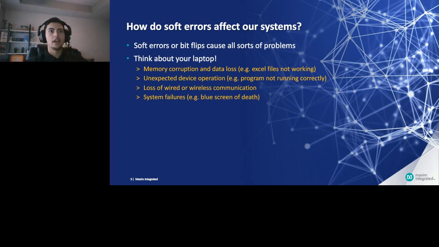I'm not saying all of these are caused by this type of bit flips, but it could very much be the reason why we're seeing this type of error. And I would say this happens pretty often. At least to me, it happens once or twice a month. It's a pretty common and repeatable thing.